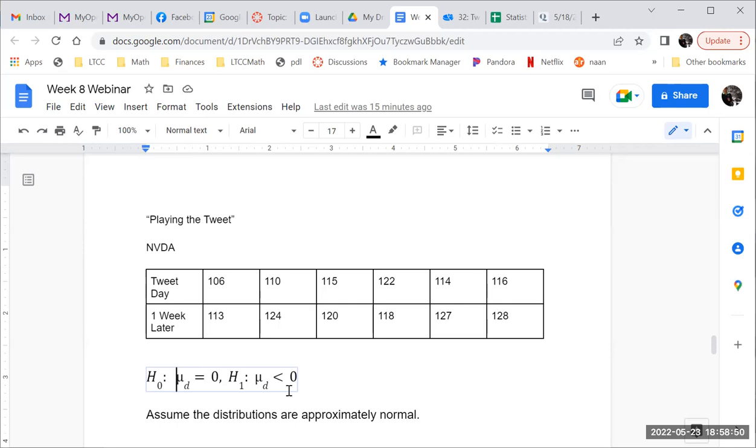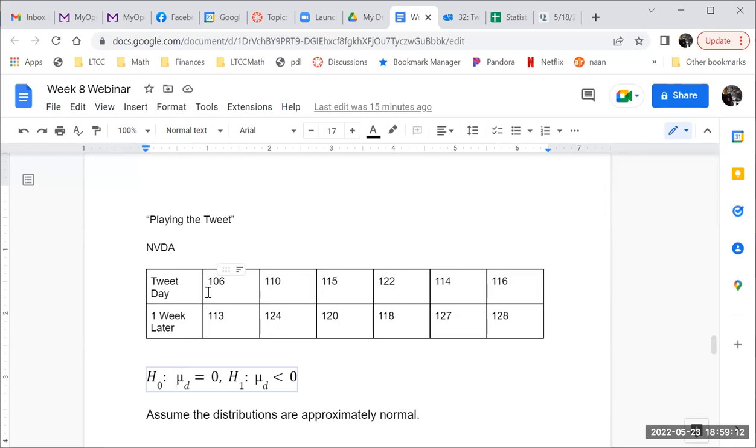Okay. So first thing, one way of seeing if it should be less than or greater than is to think of an example that supports your H1. So for example, when it went from $106 to $113, that was good for me, right? That supports my H1. The stock market went up.